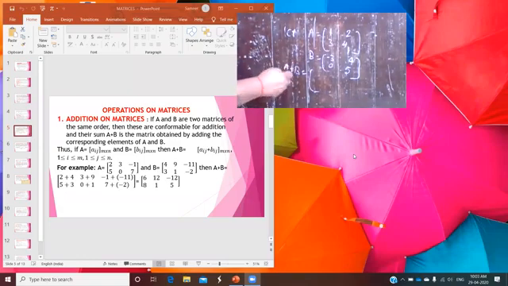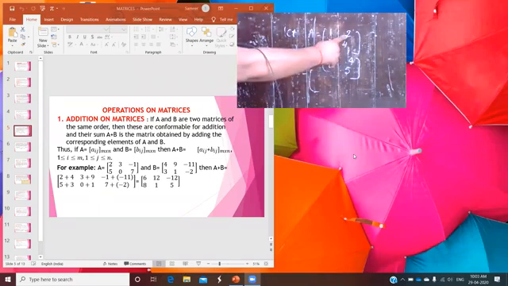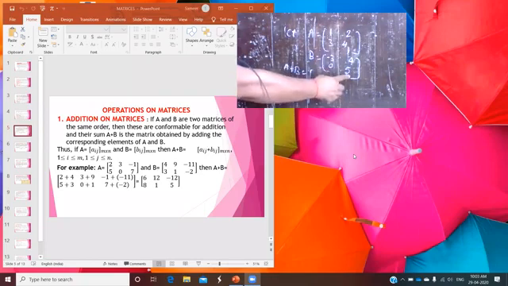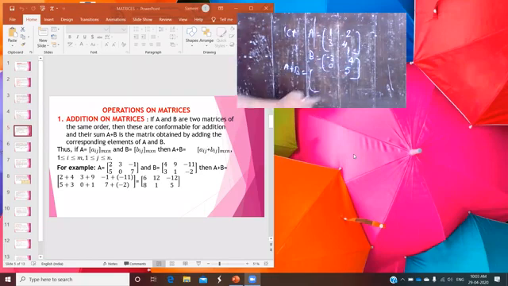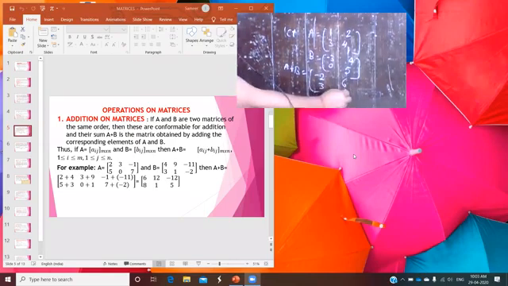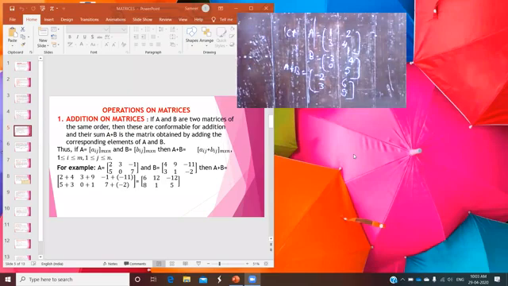To add them, you add the corresponding elements: A11 is added to B11, A12 is added to B12, A21, which is the second row first column, is added to B21, and A22 is added to B22. So here you have 2, 6, 3, and 9. In this way you can obtain the sum of the two matrices.